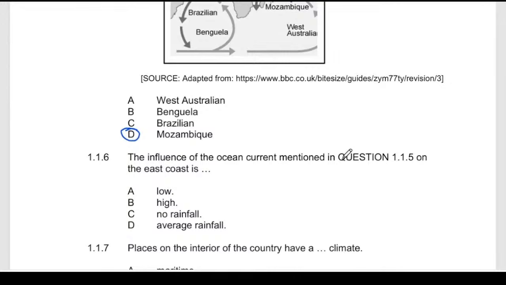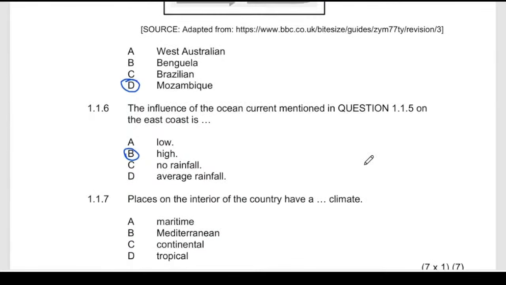So if we check in that instance, we are looking at the issue of rainfall. In this instance, we are saying it has a high influence. This ocean current causes high rainfall on the extreme eastern coast.